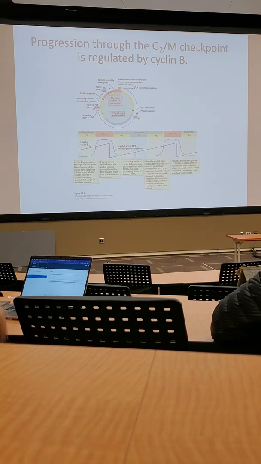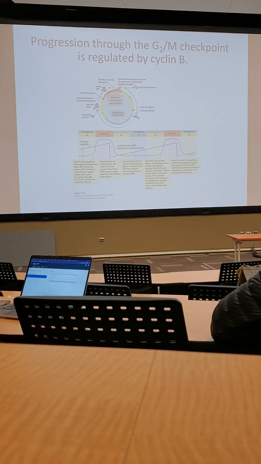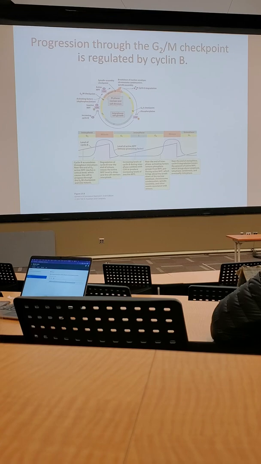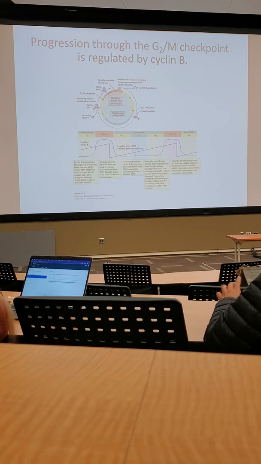So there's a lot of stuff going on. This bottom one is the level of cyclin B, right? And it's correlated with the level of MPF. And then the top part is where they're occurring in that cycle. So cyclin B is this protein. If you have a mutation in cyclin B, what's going to happen? Well, say you have a mutation in cyclin B that increases the rate that it's produced at.